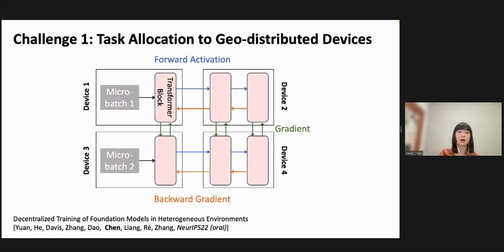Formally, we can formalize our problem in the fully decentralized setting, where each pair of devices may have different delay and bandwidth. We can limit our scope to data parallelism and pipeline parallelism.